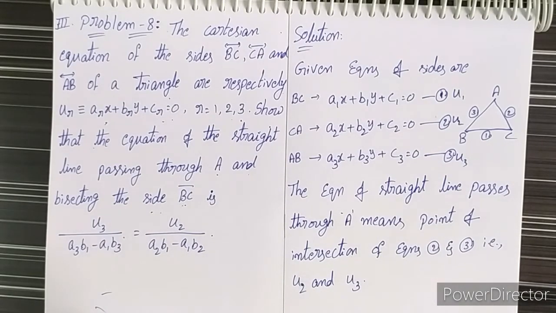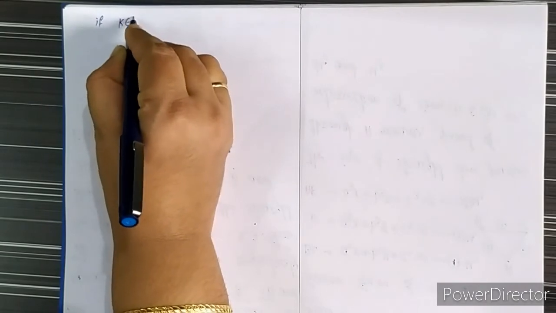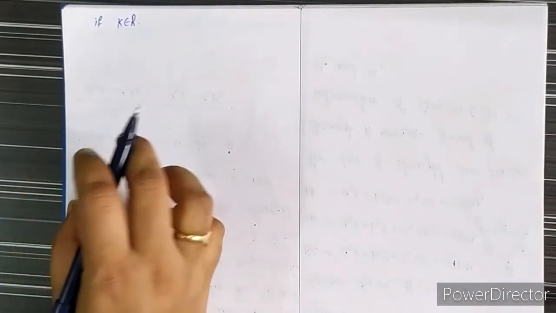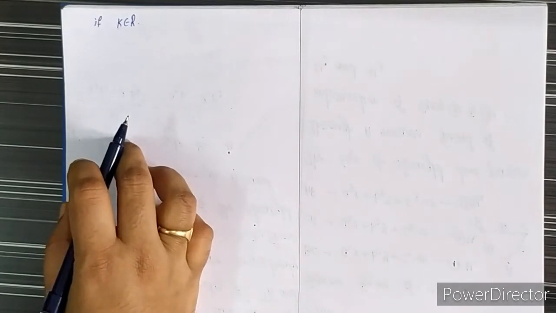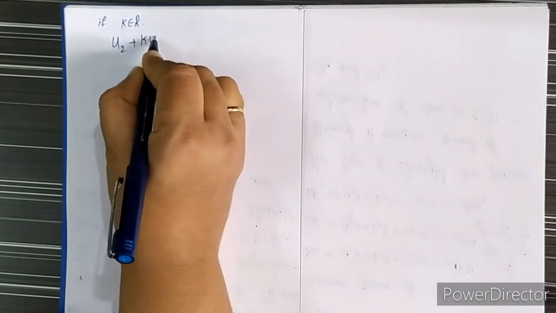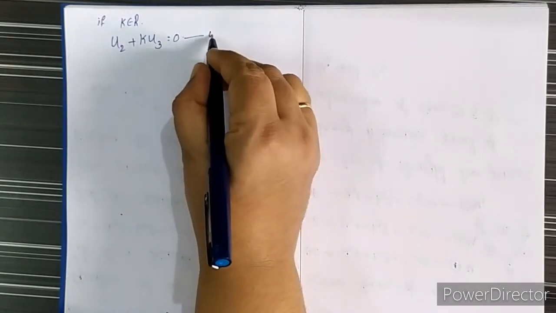Then that line equation, if k is any real number, for a line which passes through the point of intersection of lines 2 and 3, is u2 plus k into u3 equal to 0. This is equation number 4.